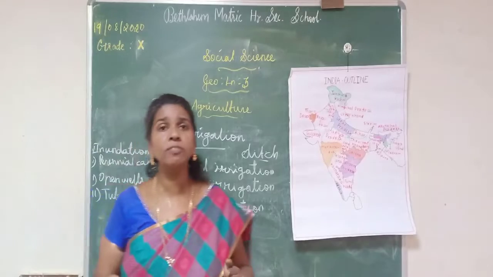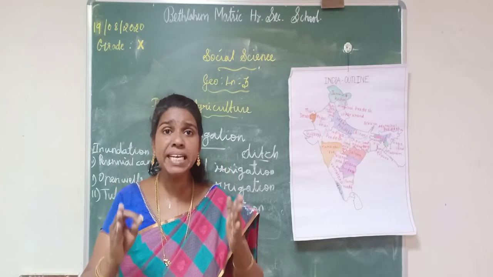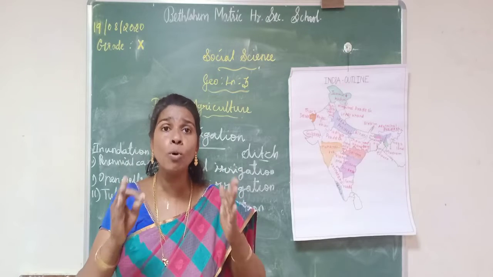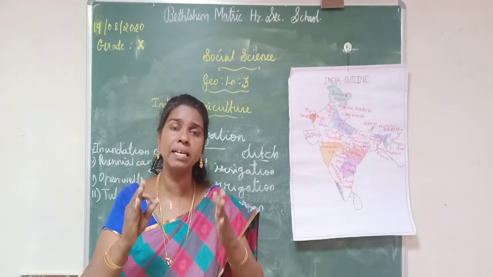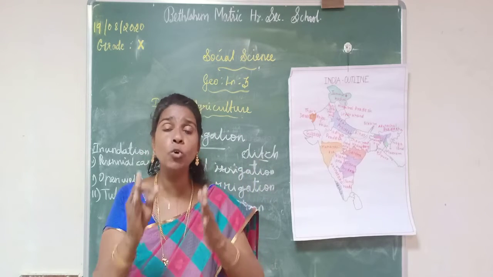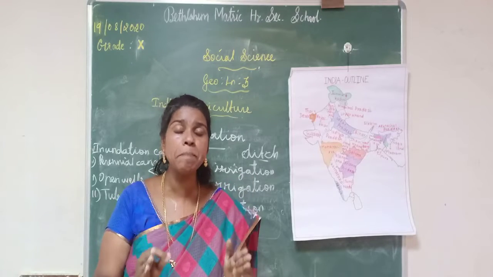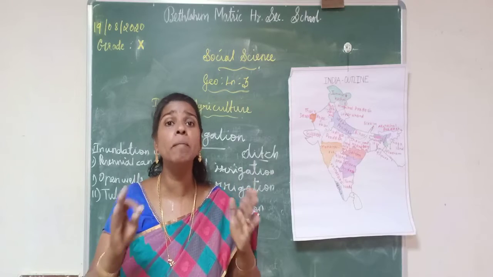A tube well is one of the main water wells, which has a long stainless steel tube or pipe bored into the underground. Stainless steel is a type of steel that contains chromium, so it is not damaged.